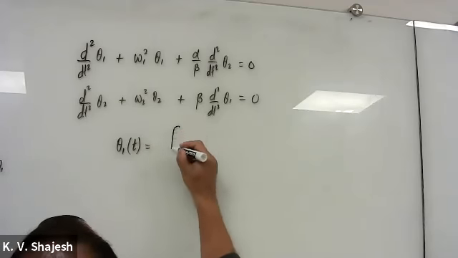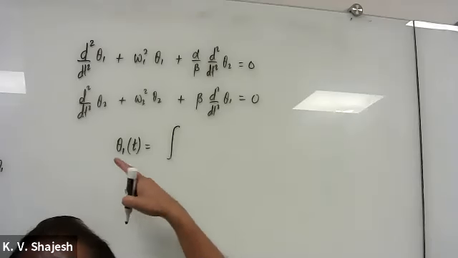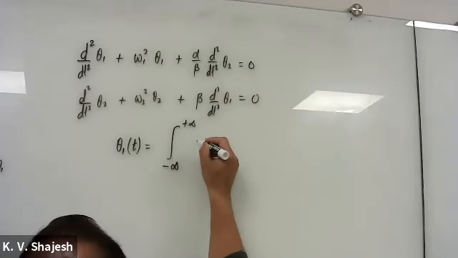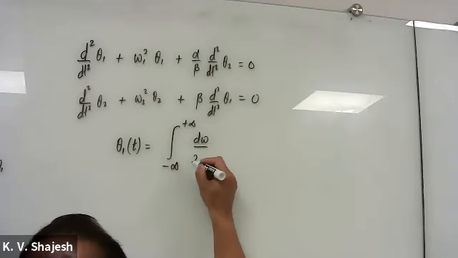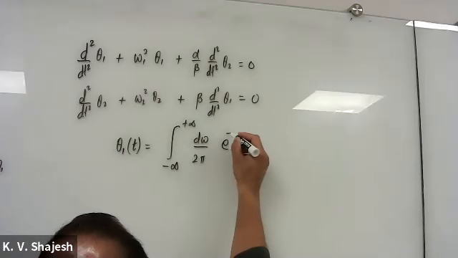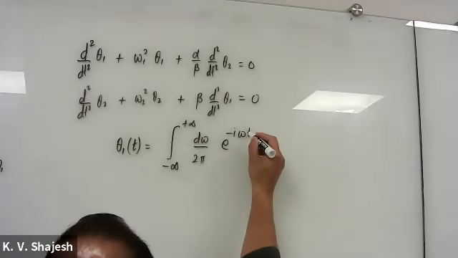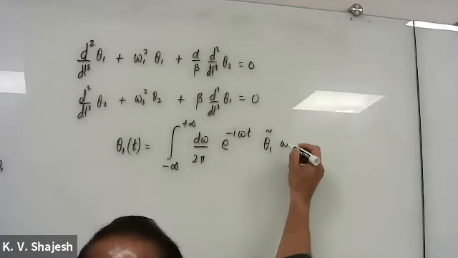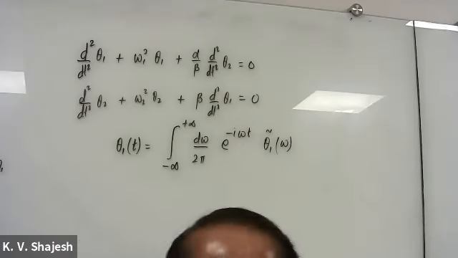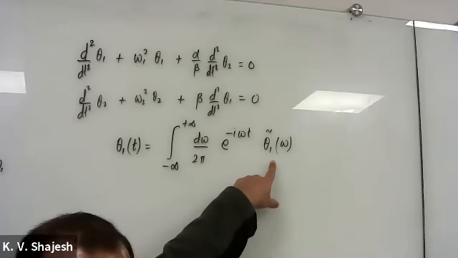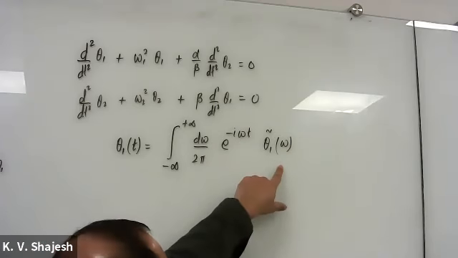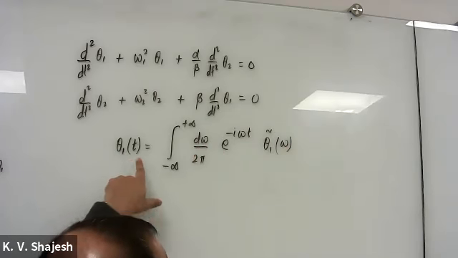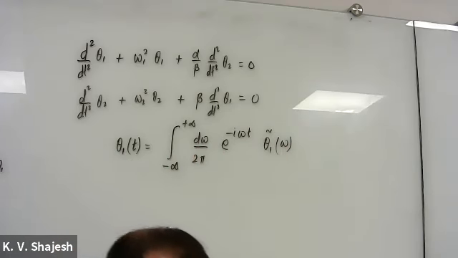The Fourier transform will be defined as follows. This is theta 1 of t; instead, you ask for its Fourier transform, with e to the minus i omega t and theta 1 tilde of omega. This is called the Fourier transform. If I know the Fourier transform, I know the function as a function of time itself. But this function is frequency dependent.